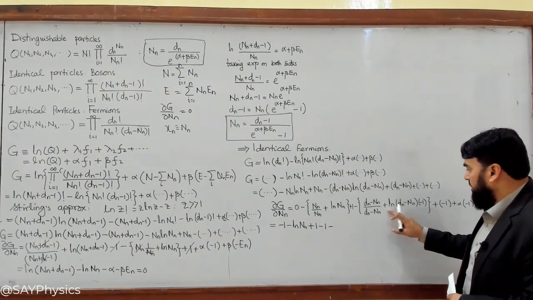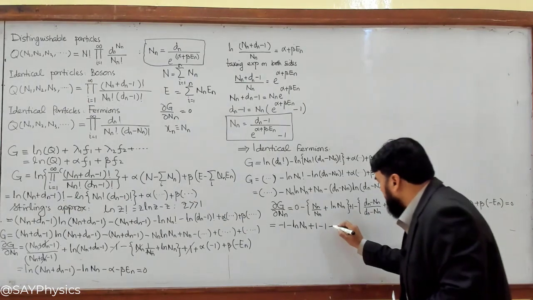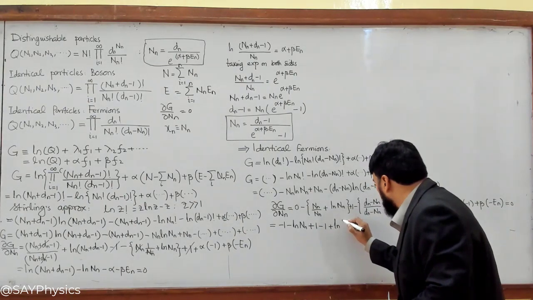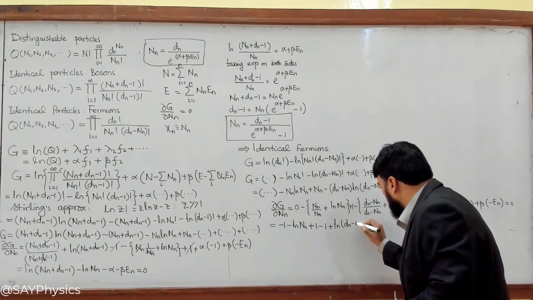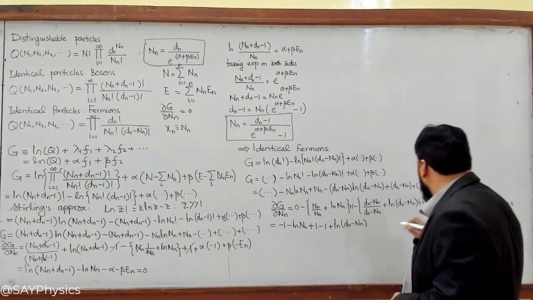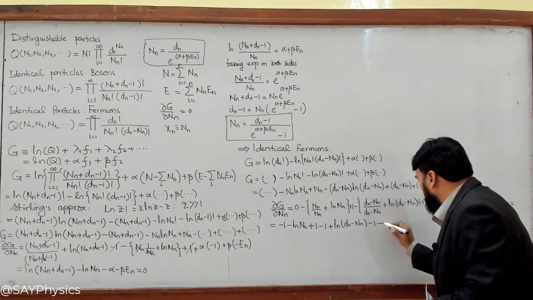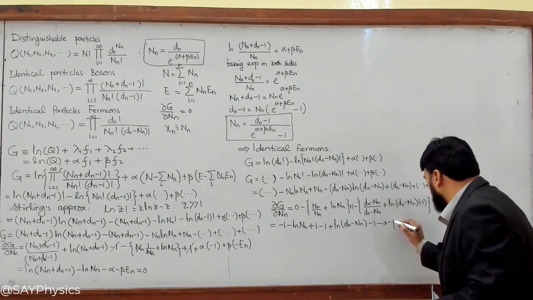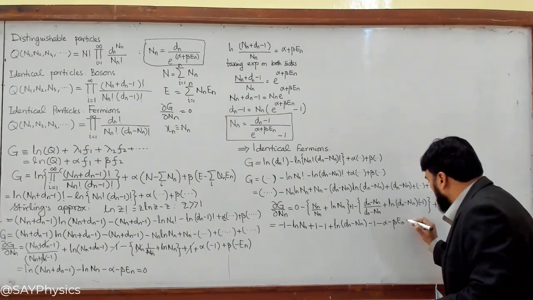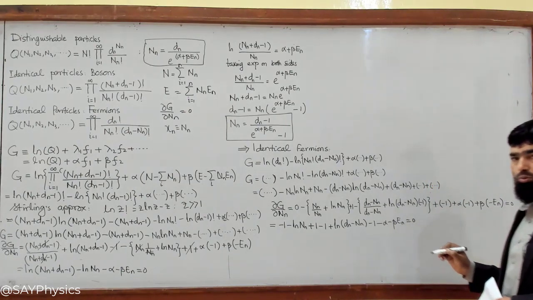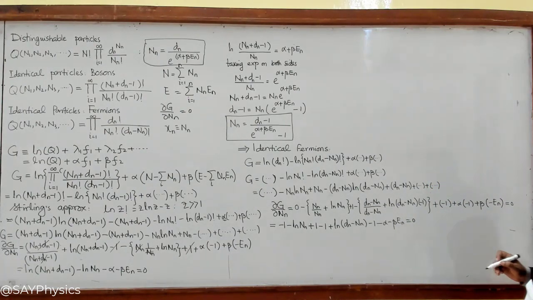So minus log nn and minus is this one. So it becomes plus log dn minus nn, and again minus 1 here, minus alpha, minus beta en, and this is equal to 0. Is it right?